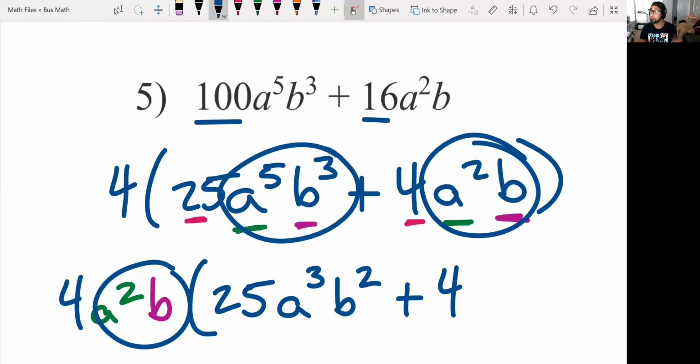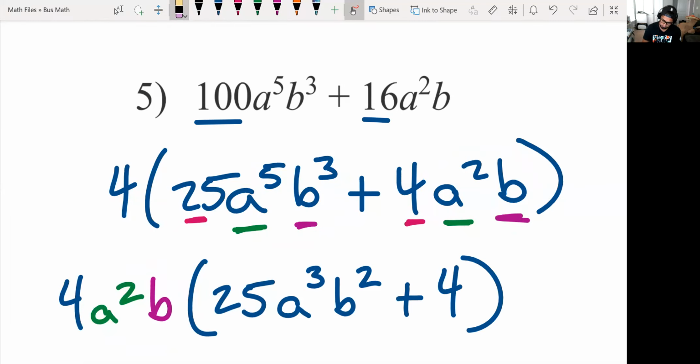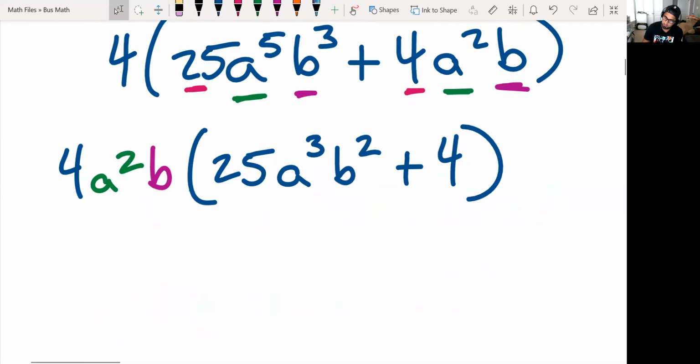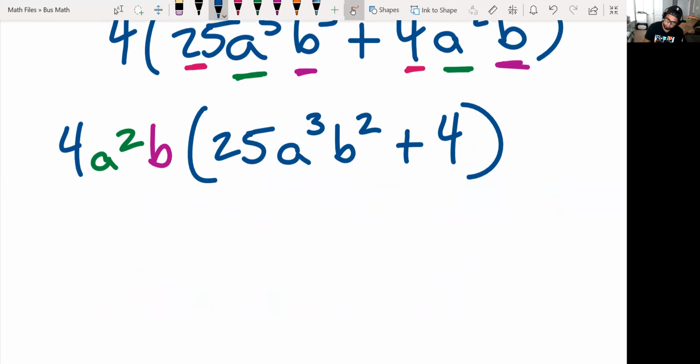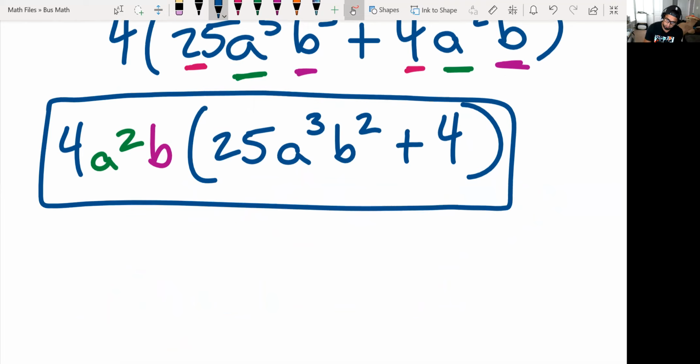Well, a squared b from a squared b cancels, and that just leaves us with 4. And it's done. We can't do anything else. That's it.